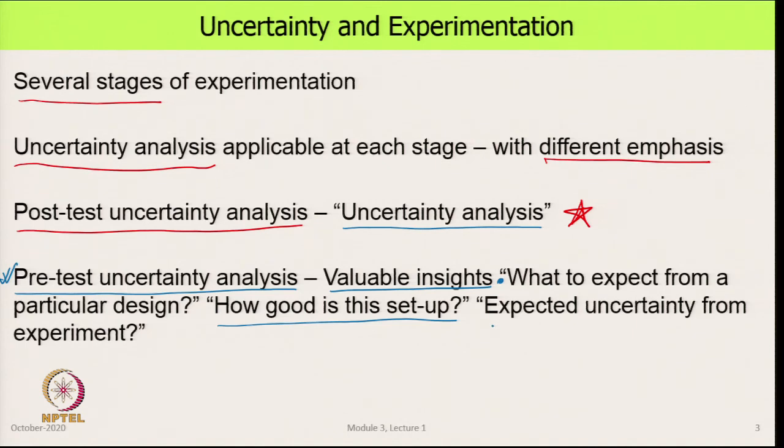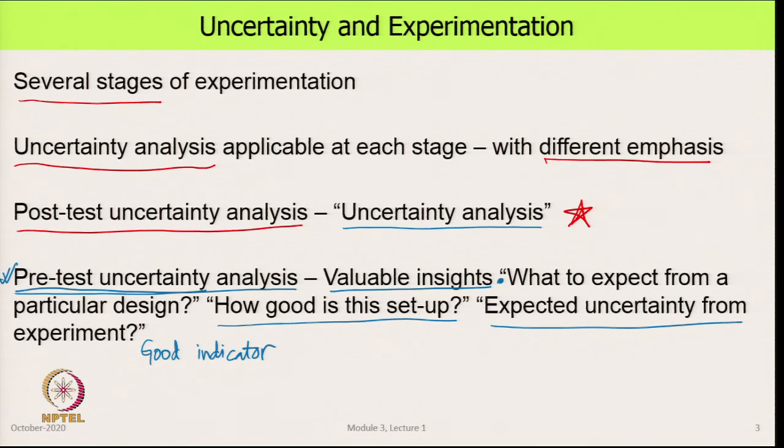And then there is of course, before doing an experiment, this analysis can tell you what is the expected uncertainty from this experiment. Now, this is the pre-test uncertainty that we are talking of. So, it is not exact, but it is a very good indicator of what that particular setup will give us.